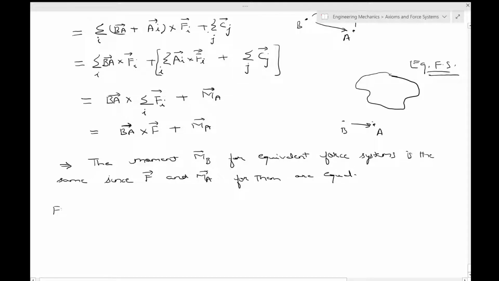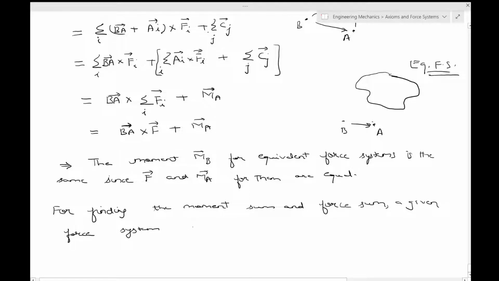So for finding the moment sum and force sum, a given force system can be replaced by its resultant.